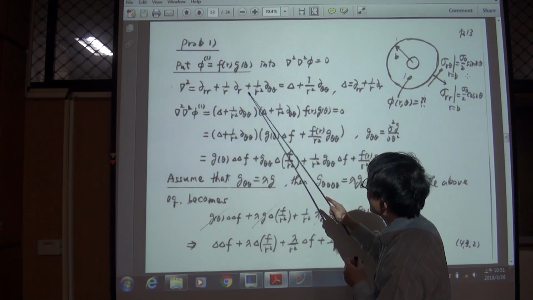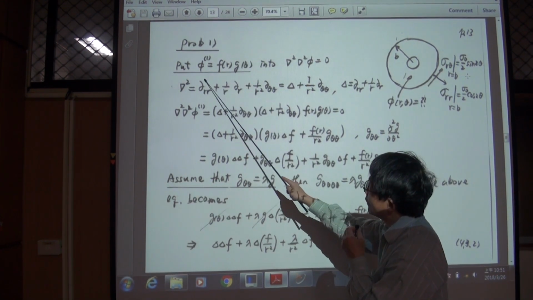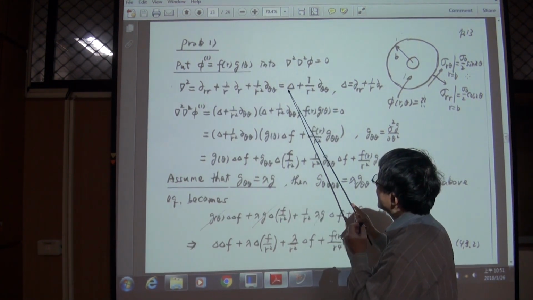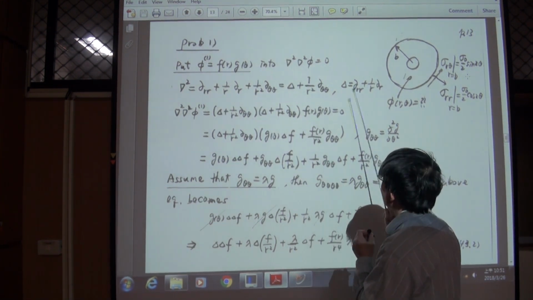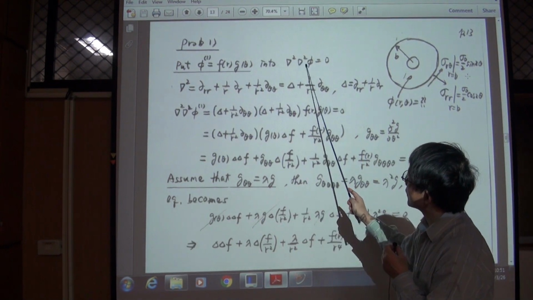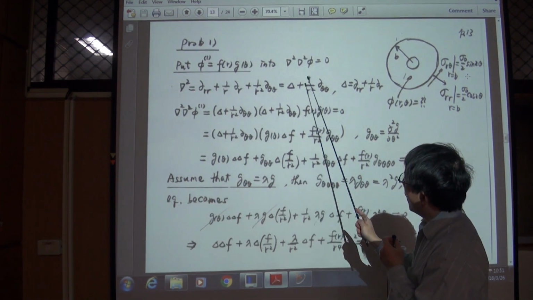This operator is like this. For simplicity, we define this part of the operator as a triangle, and this triangle is like this. So this equation becomes this one and this one.